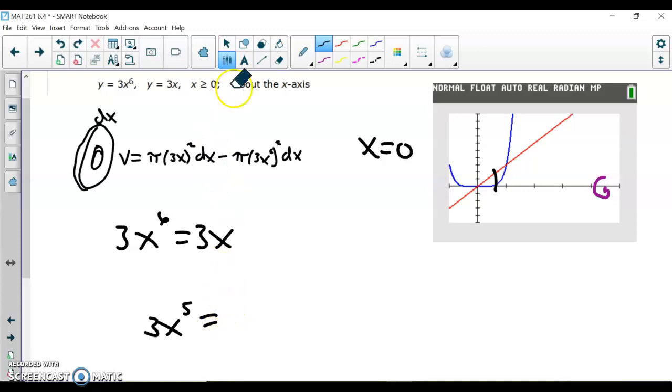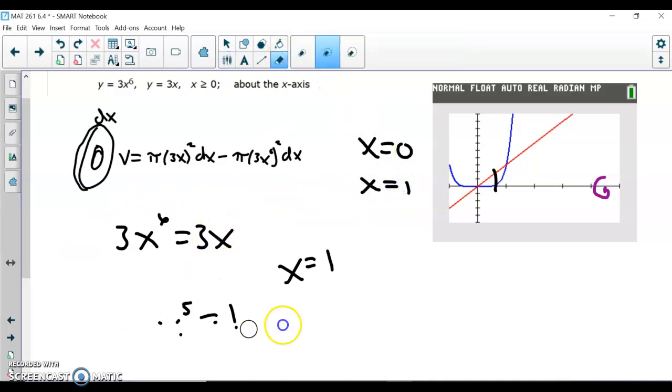If you divide both sides by 3x, we're talking x to the 5th equals 1. So the only solution to that, of course, is the 5th root of 1, which is 1. So x is 1, so we're going from 0 to 1.